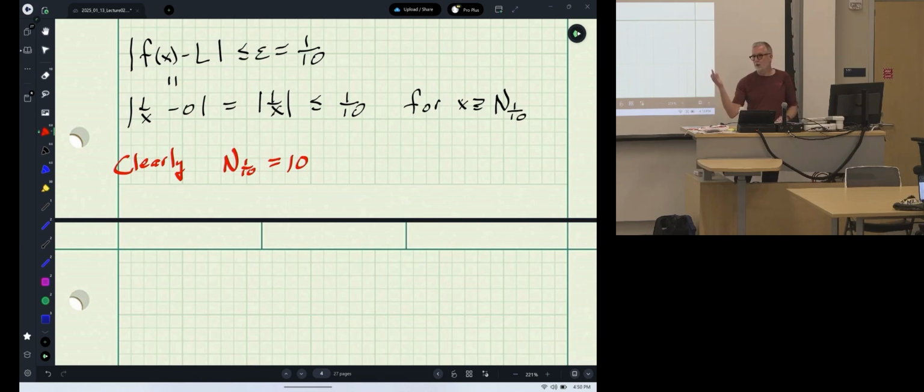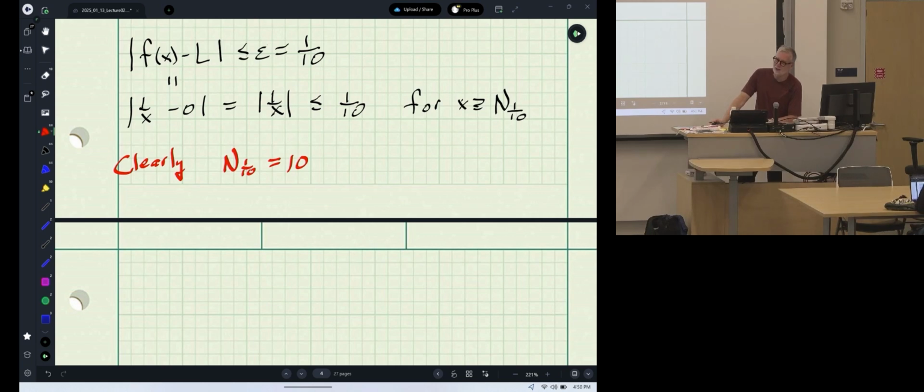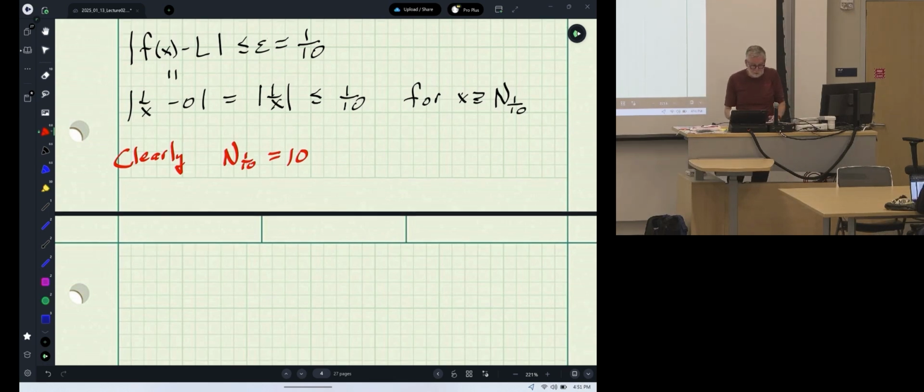It's still true, it's just not tight. But nothing in the definition requires you to give a tight bound. So if you're doing a homework problem and you're within a factor of 4 of what we compute, we'll be happy, okay? If you just say, well, x bigger than a Google, which is 10 to the power 100, you're almost certainly going to be true, but you will not have shown us that you understand how to compute a bound, okay? So that's all. But in theory, it's still totally, totally true.